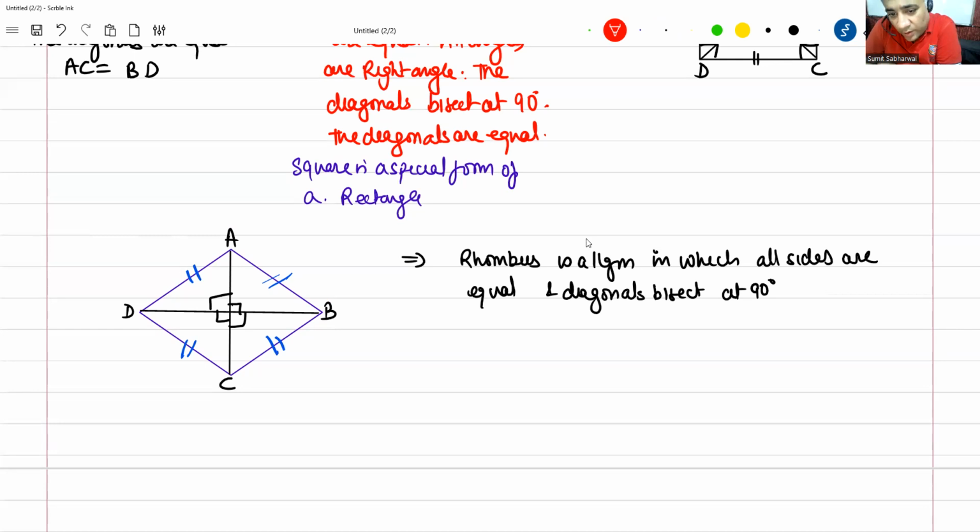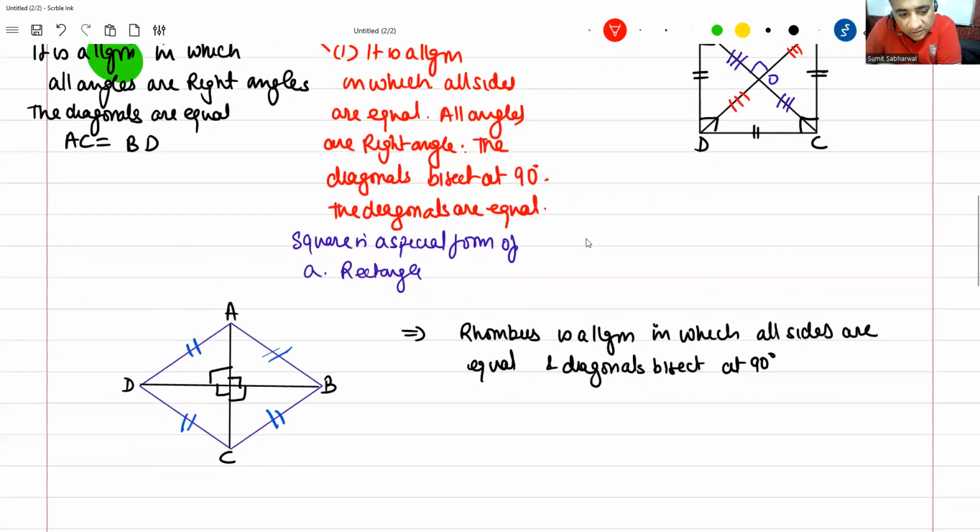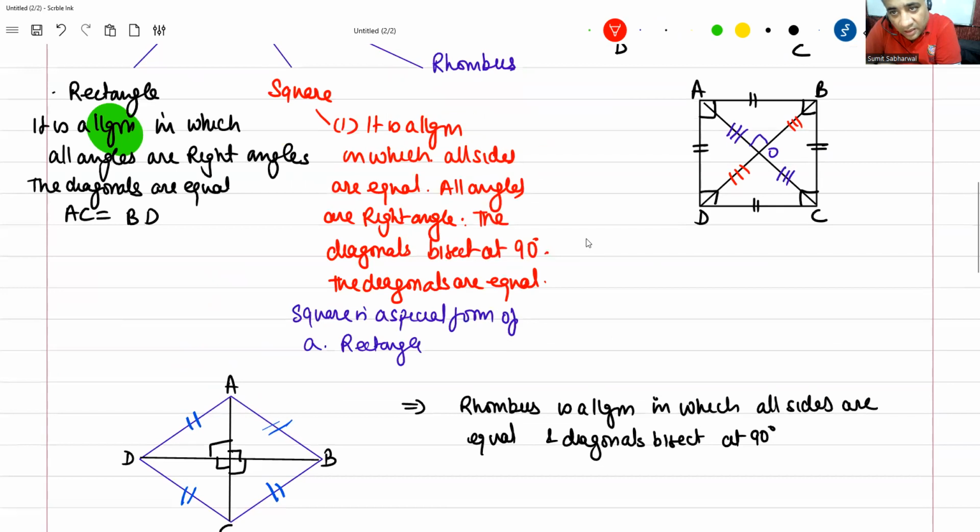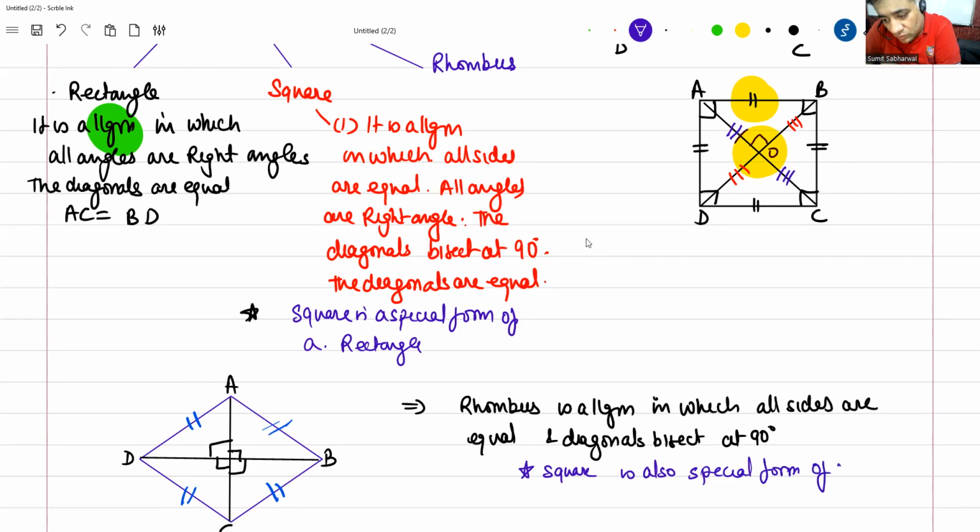But if you see the square, let's check it out. Here also the diagonals are bisecting, and here also all sides are equal. So there can be one more point that a square is also a special form of a rhombus.